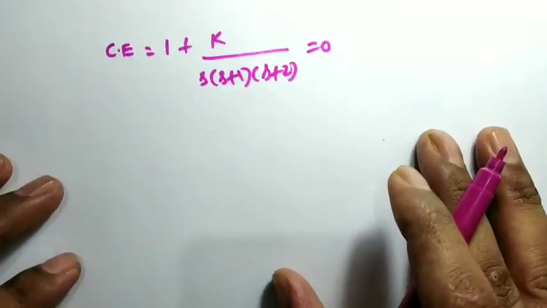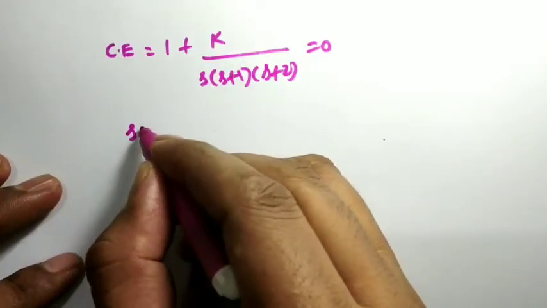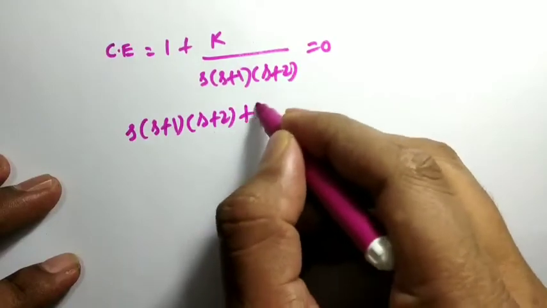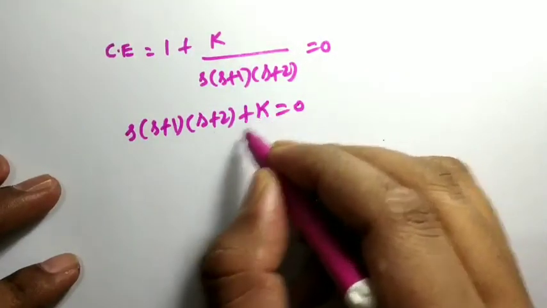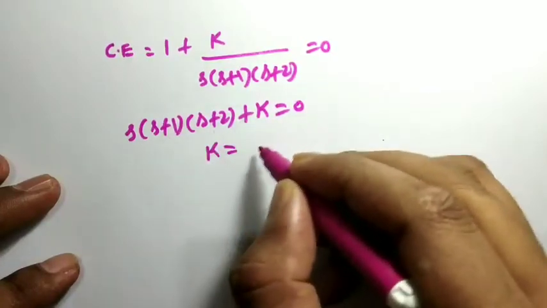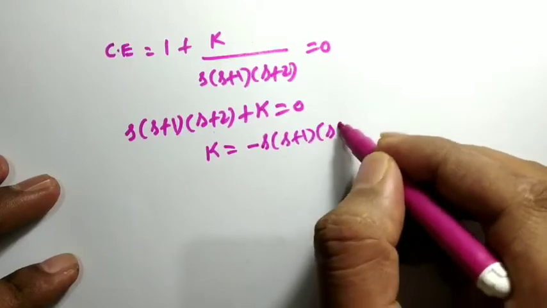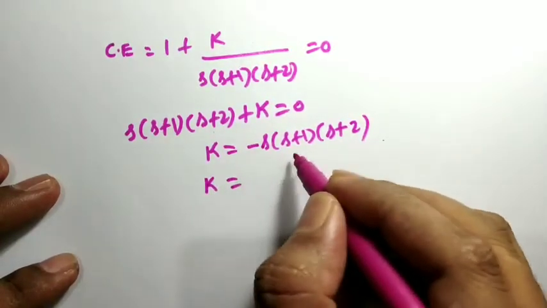You just cross multiply, and you will get s into s plus 1 into s plus 2 plus k is equal to 0. So what happened? You send k to this side, s into s plus 1 into s plus 2. So you just multiply it.